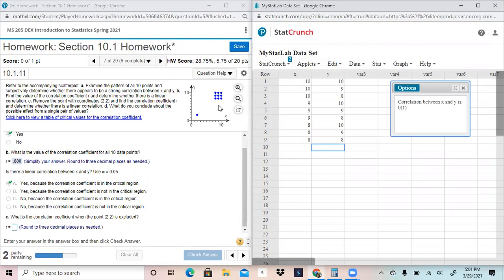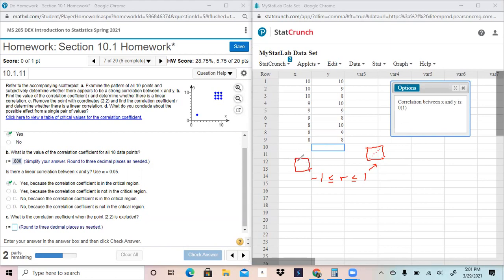So remember your R value: R is always going to be between -1 and +1. The closer it is to 1, that means the points lie in a straight, perfect line that's going up.